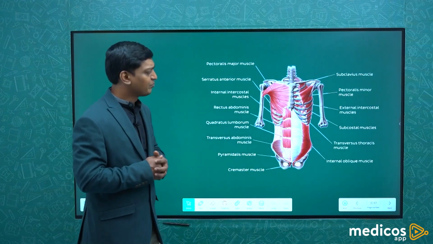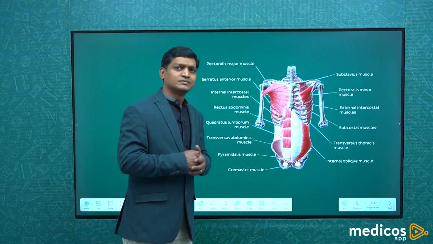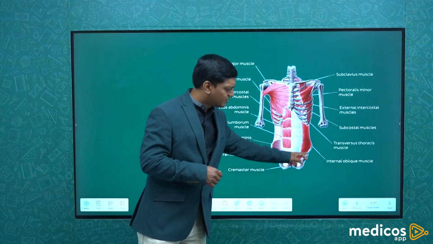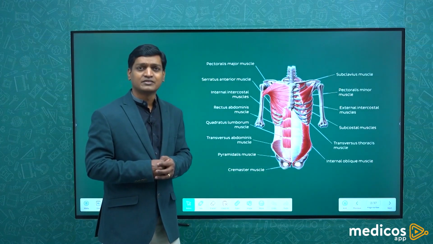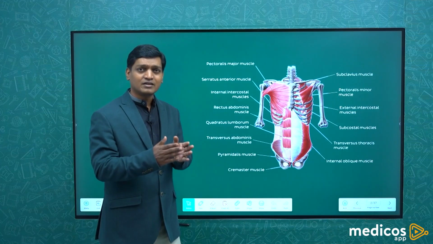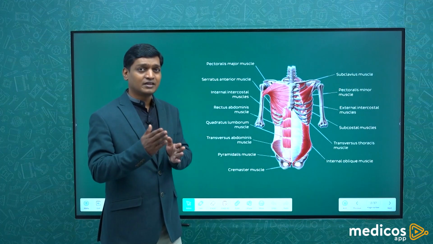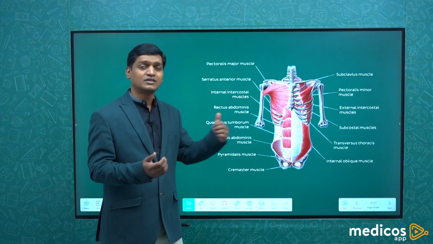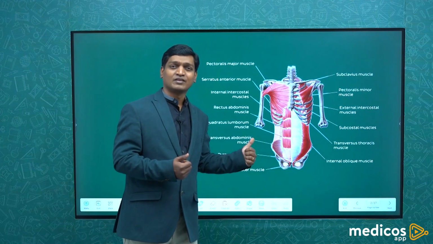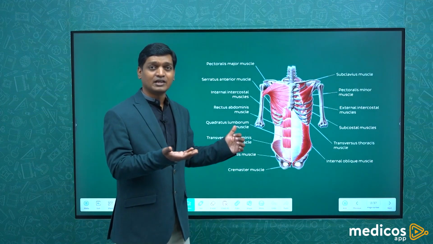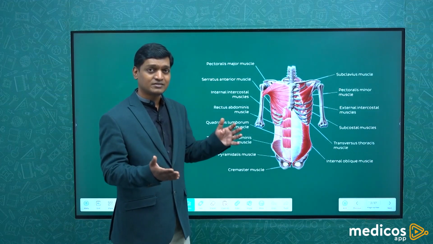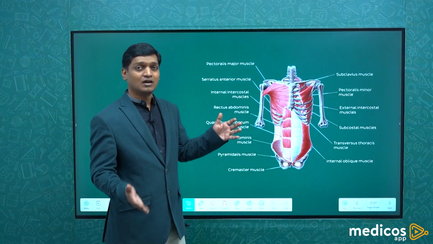Why am I telling this? In the lower part, the abdomen extends till the inguinal ligament. The inguinal ligament is formed by the thickened lower aponeurotic part of the external oblique muscle. It is the ligament which divides the abdomen from the lower limb.